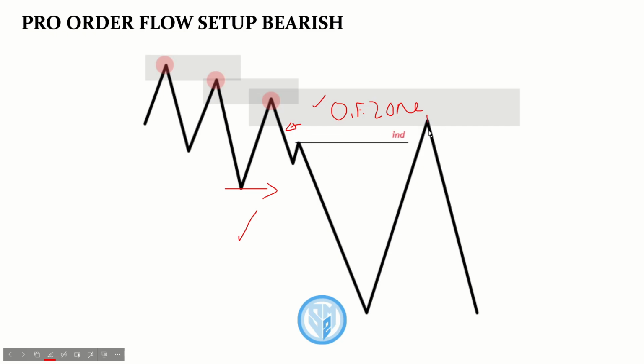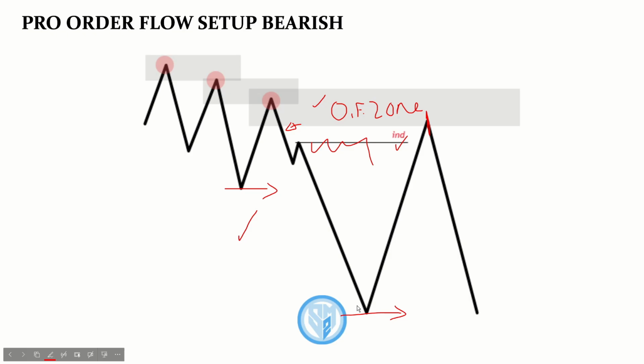Before this point, there were no mitigations or wicks back into the zone. Then look out for any extra things such as inducement, which will give us more confluences to add to this trade. So inducement, maybe some engineered liquidity resting below the zone, maybe a solid TP of equal lows, or just any other confluences that you can add to the trade.